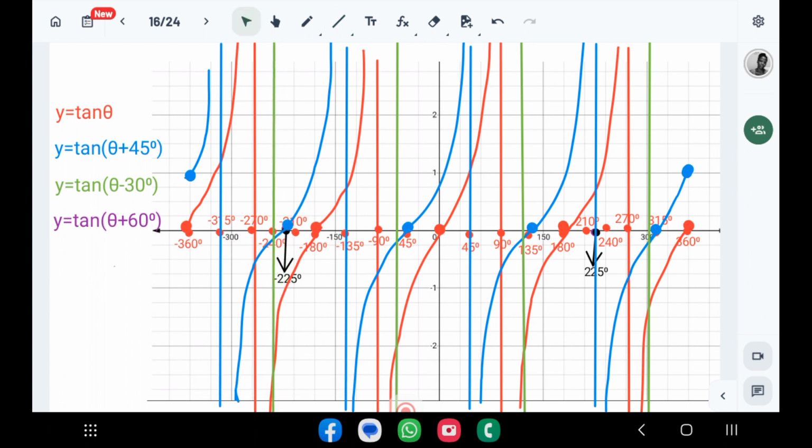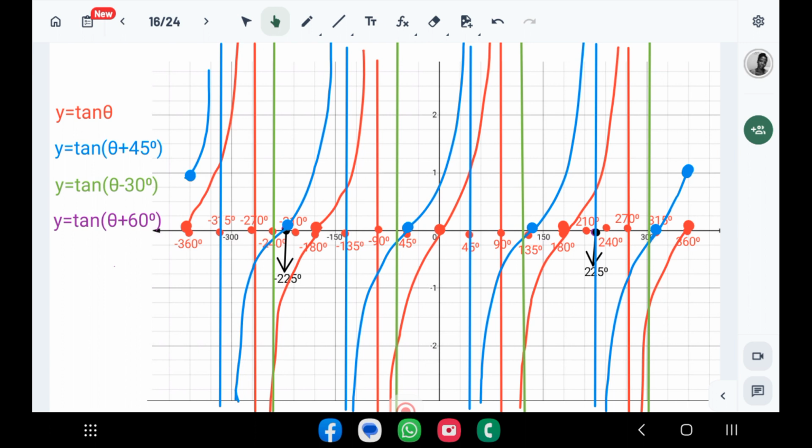We don't have any other asymptote that are red. Let's see. Negative 240 minus 180. Let's see where we land. That lands at negative 420. So that's outside of the range. So we're done basically here.